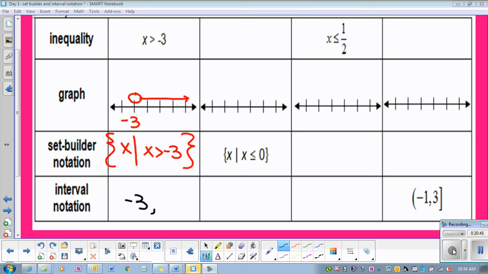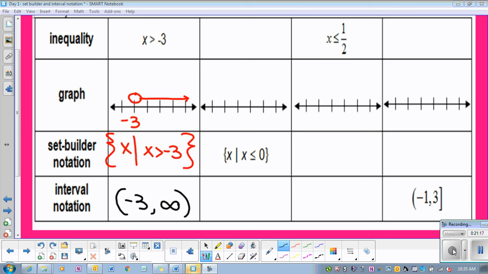Good. And then it goes up to infinity. Perfect. Parentheses around the infinity because they always get parentheses. Now, open circle gets a parentheses or bracket? Parentheses. Thank you. Great job. And there we go. And we're done.